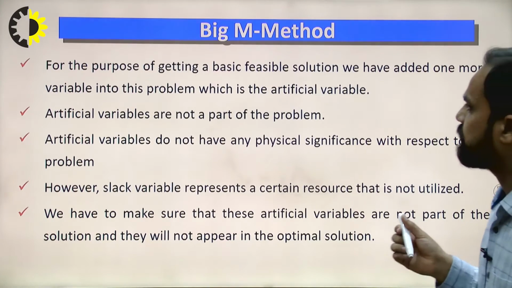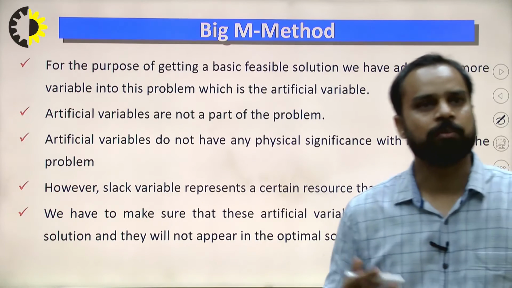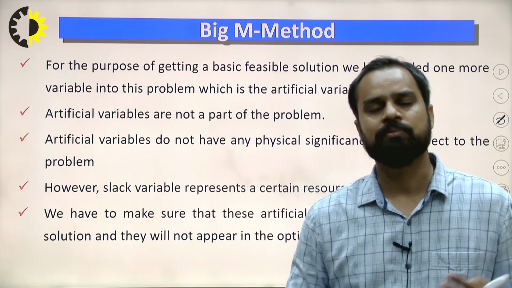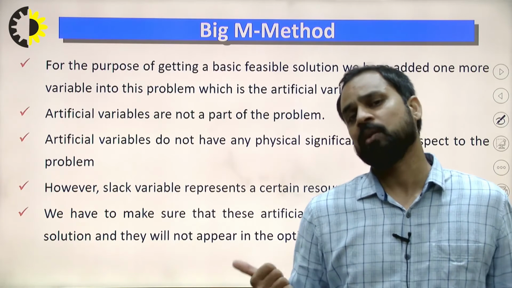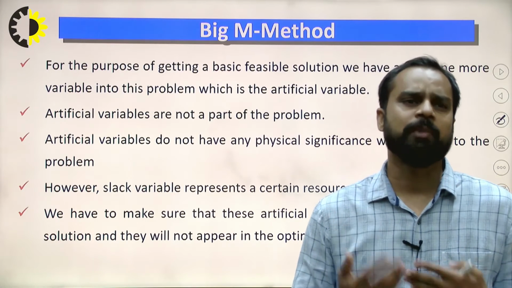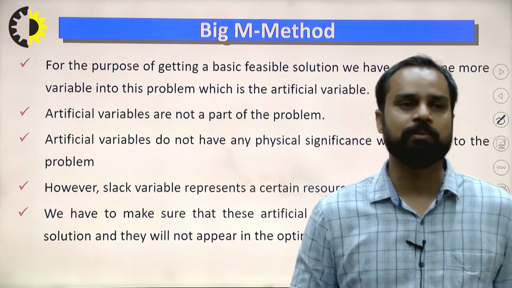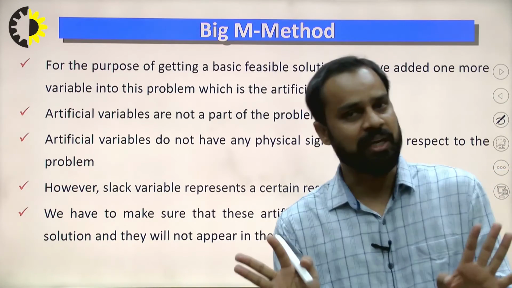And these are some important things regarding this big-M method. For the purpose of getting a basic solution, we have added one more variable into the problem, which is known as an artificial variable, and these artificial variables are not part of the problem. The main purpose of these artificial variables is so that we are able to find the initial basic feasible solution. That is the only significance of these artificial variables.